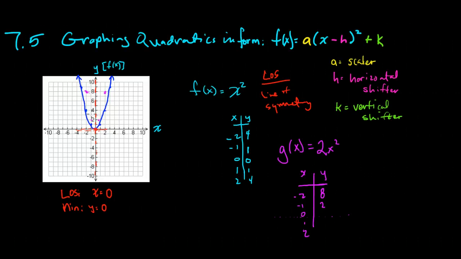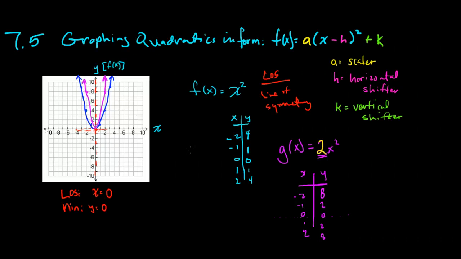And of course I have the same vertex, so if I were to graph this one, notice that my graph is significantly skinnier. That's because I'm going up much faster than I did in the previous one, because I'm multiplying by 2 after I square. I have to scale it by 2.